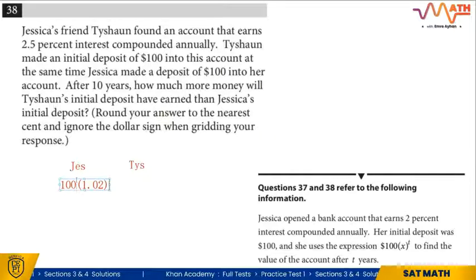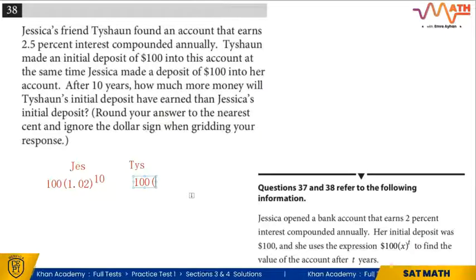How many years? For 10 years, right? For 10 years. And for Tyson, also started with 100, but he found another account which gives 2.5% interest.